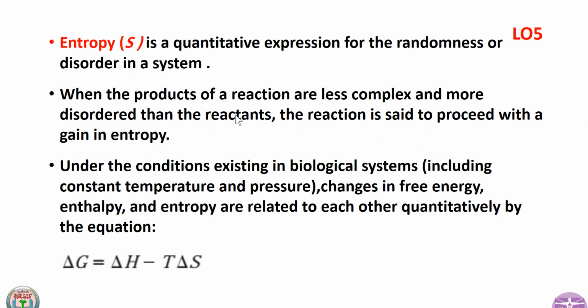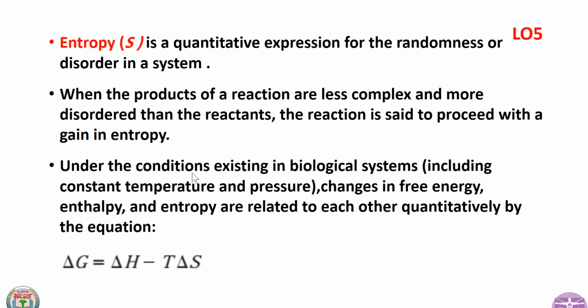So entropy is the randomness of the reaction. When there is an increase in the randomness, it is said to be a gain in entropy. When there is a decrease in the randomness and the product is more complex, it is said to be a loss of entropy.